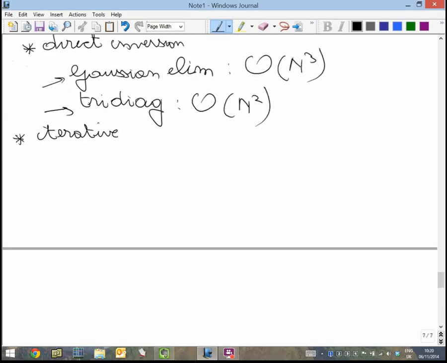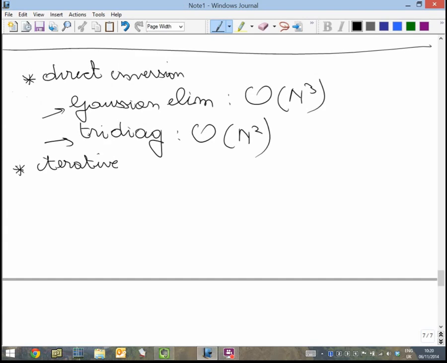So the philosophy here is to construct an approximate of this inverse, and the way this proceeds is that you first start by guessing what the approximate inverse is. You come up with a certain guess of my solution, which I will call, for example, x0, which could be a vector full of zeros if you don't know anything more.